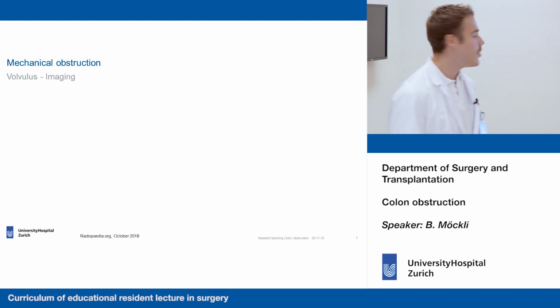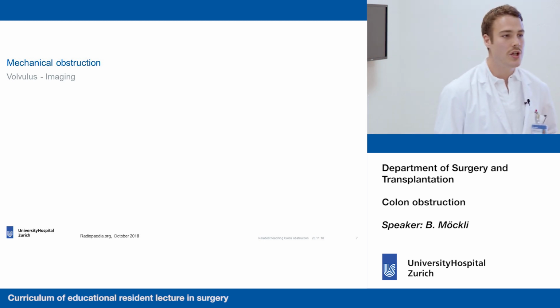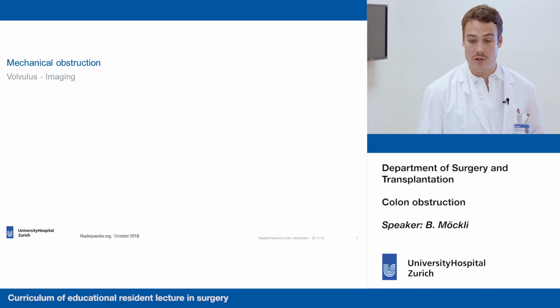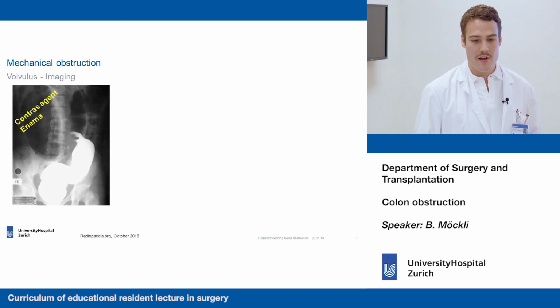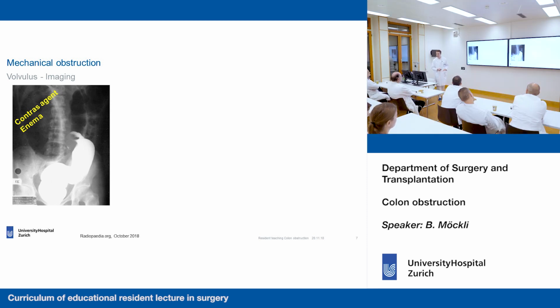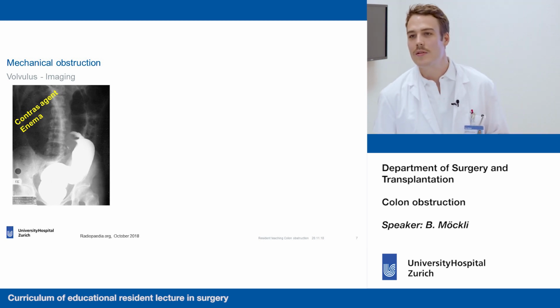Next, I would like to go over some typical imaging pictures for colonic obstruction or for volvulus. Here, the first one, on this barium enema. Does anyone have an idea what that could represent or how this sign is called? Maybe one of the students. I think omega sign.